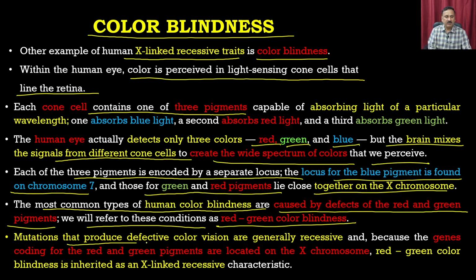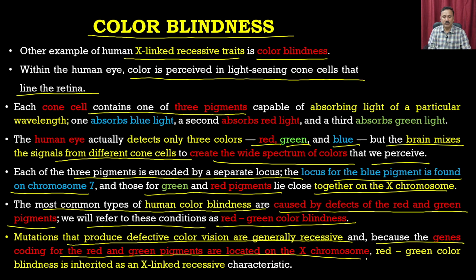Mutations that produce defective color vision are generally recessive, and because the genes coding for the red and green pigments are located on the X chromosome, it follows X-linked recessive characteristics.